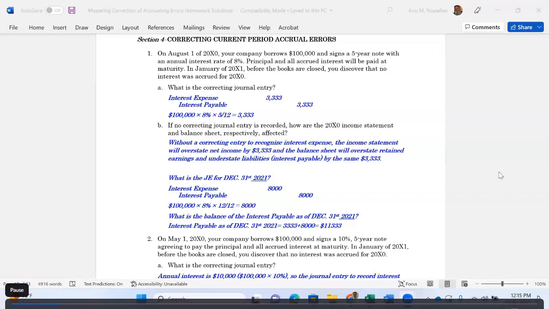Principal and the accrued interest will be paid at maturity. In January of 2021, before the books are closed, you discovered that no interest was accrued for 2020.